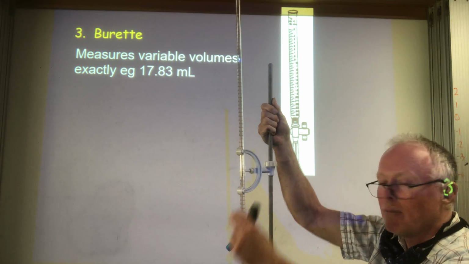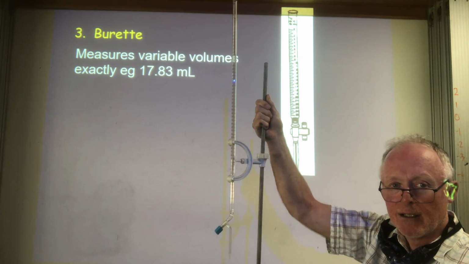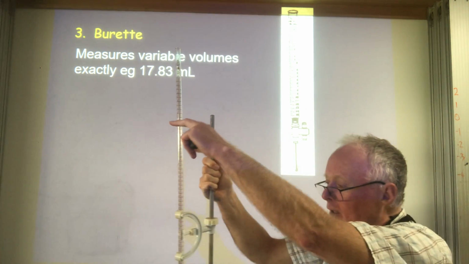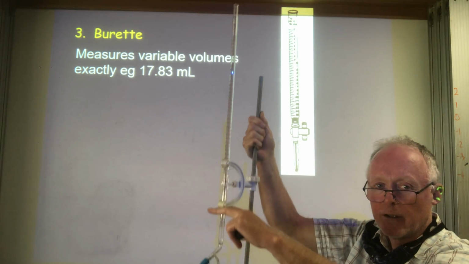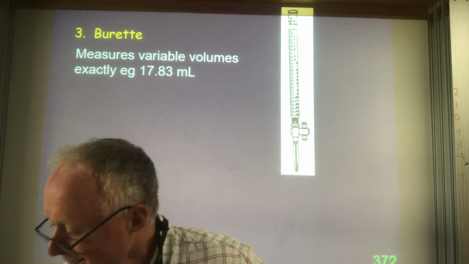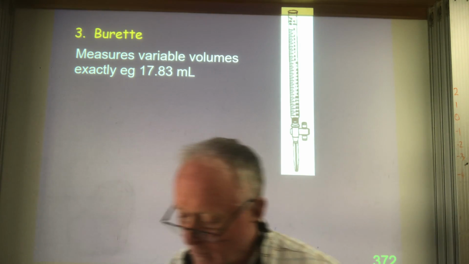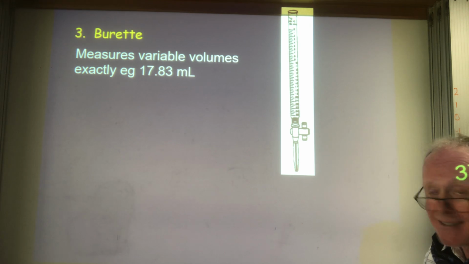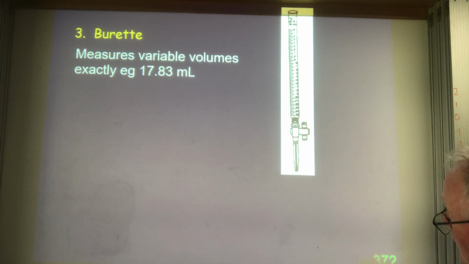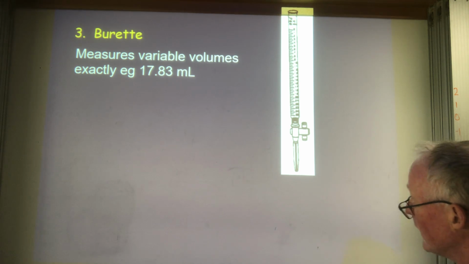You turn off the tap when the reaction reaches the end point, and you measure the initial volume, you measure the final volume, and the volume added is the difference between them. So again, it will measure exactly, hopefully to 2 decimal places, 4 significant figures there.